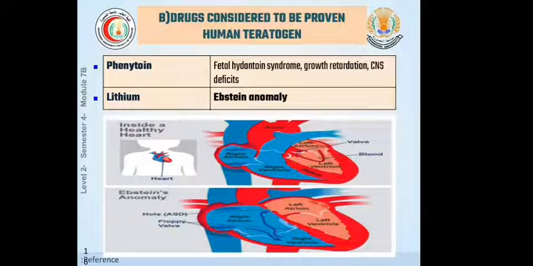In the anomaly, the valve doesn't work properly and cannot close completely. There is tricuspid regurgitation, so the blood will flow back into the right atrium. This is the Ebstein anomaly.